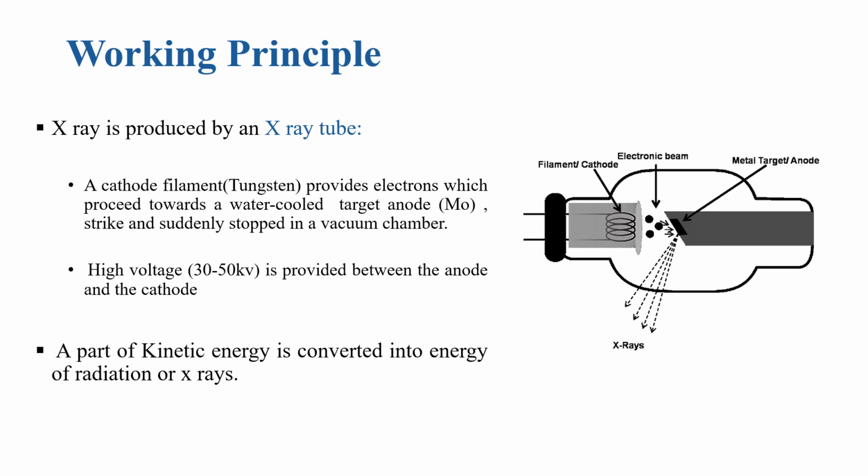A high voltage is provided between the anode and cathode to provide high-energy X-rays and gamma rays. When the electrons hit, only a very small part of the kinetic energy is converted into radiation energy, that is, X-rays or gamma rays.